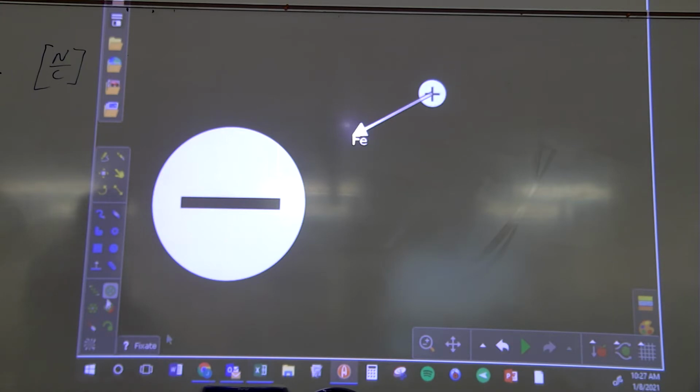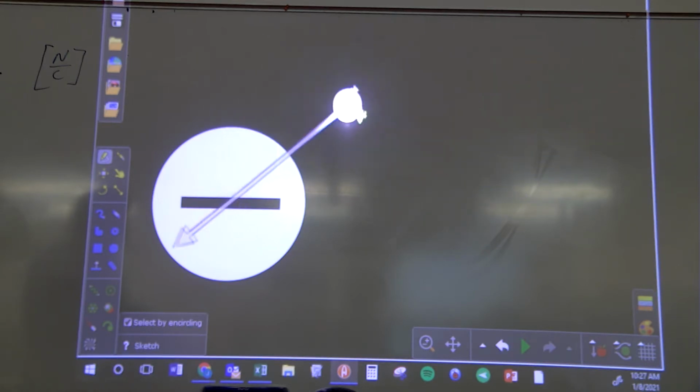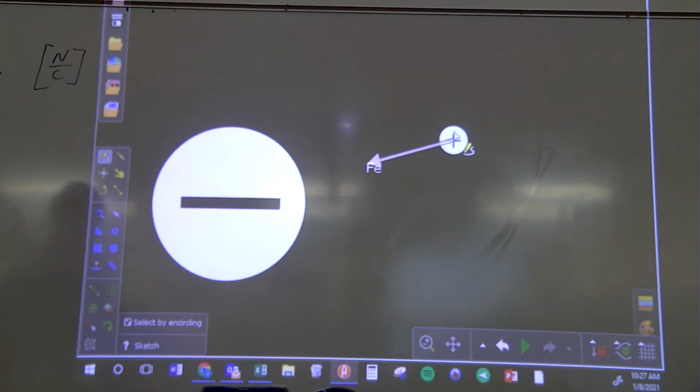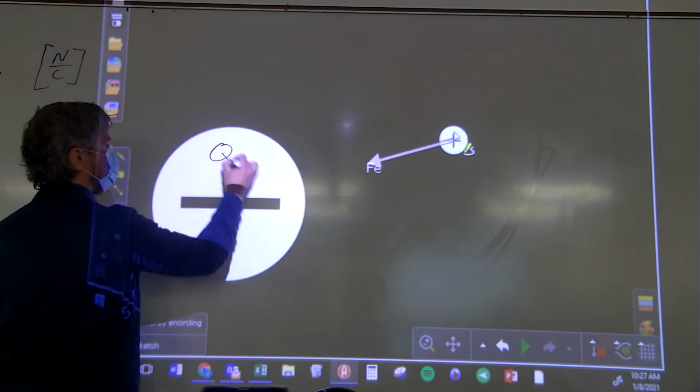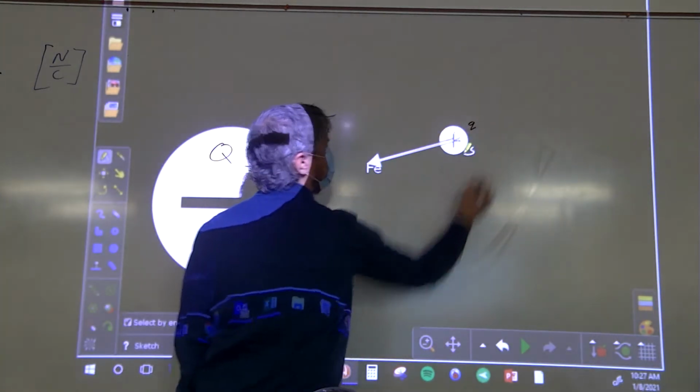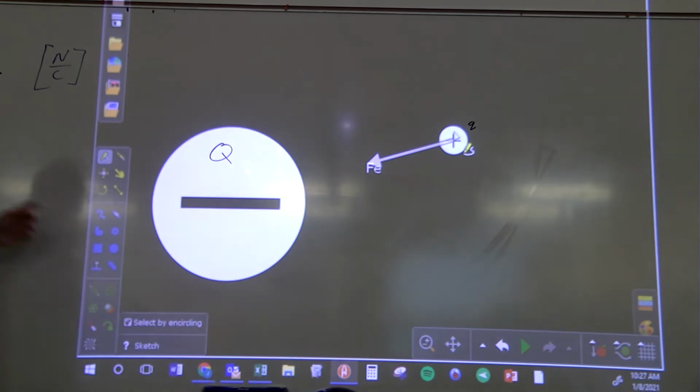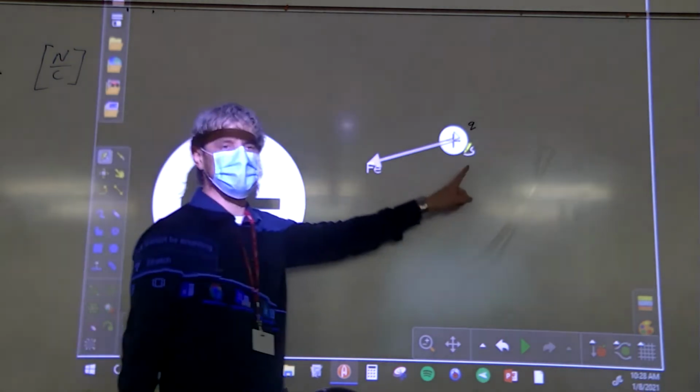If I move this guy around, obviously I get different electric forces depending on the different directions, different strengths depending on the location. So if this guy has charge big Q, and this guy has charge little q, then I can determine the electric field by just dividing the force that I can measure by the amount of charge. Not this guy's charge, but this guy's charge.